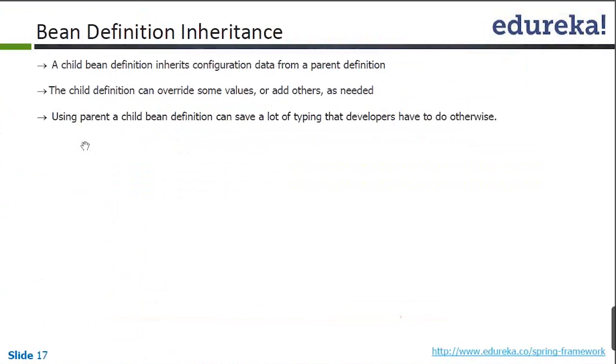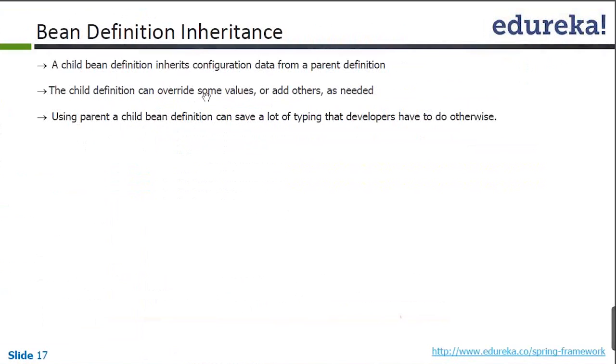What does it mean? Child can have its own properties and it acquires the values assigned to the properties of the parent, but again it is up to the child whether to go with the values of the parent or give some specialized values to the parent properties. So that is what this override some values refers to.